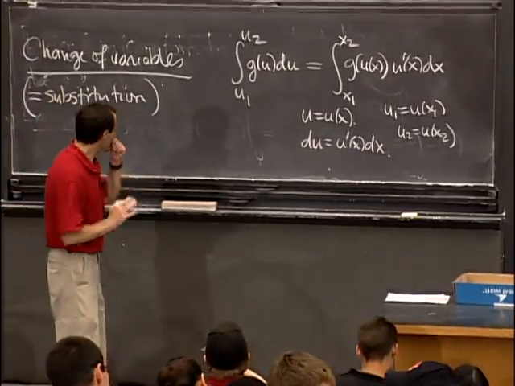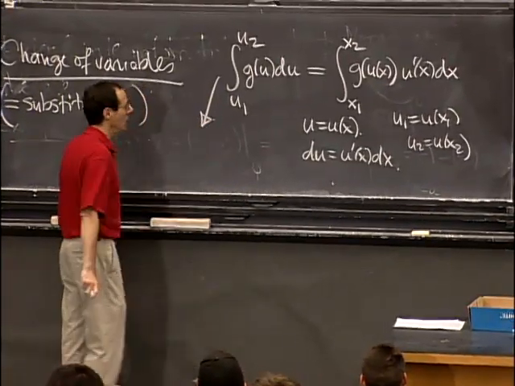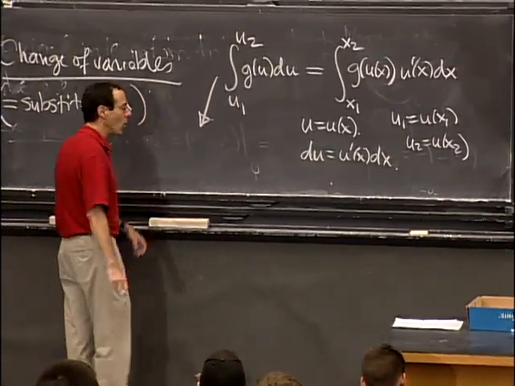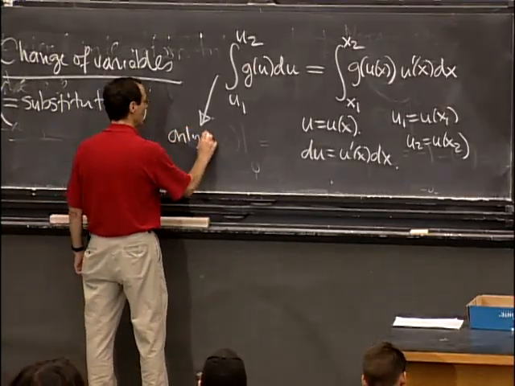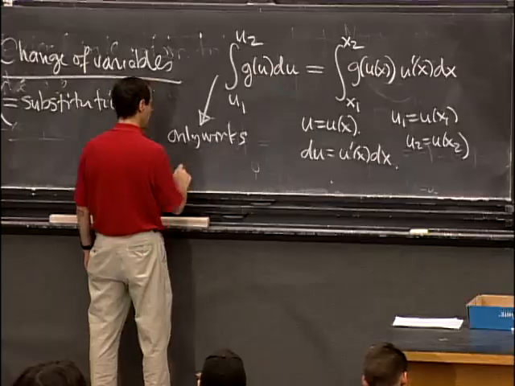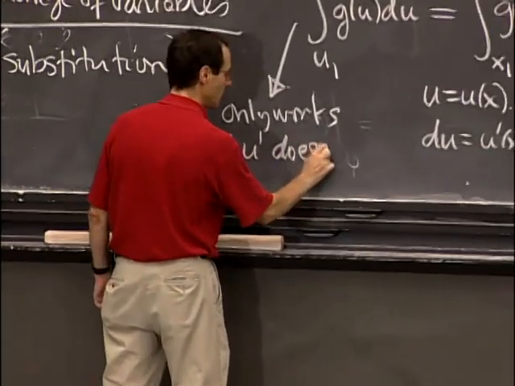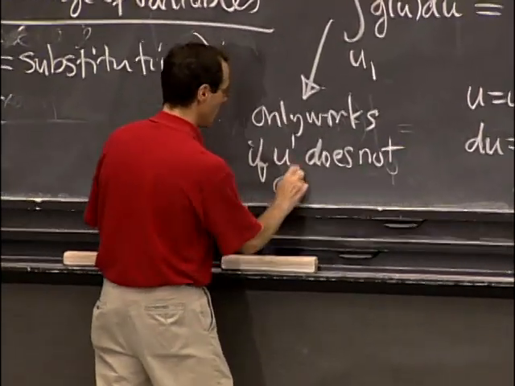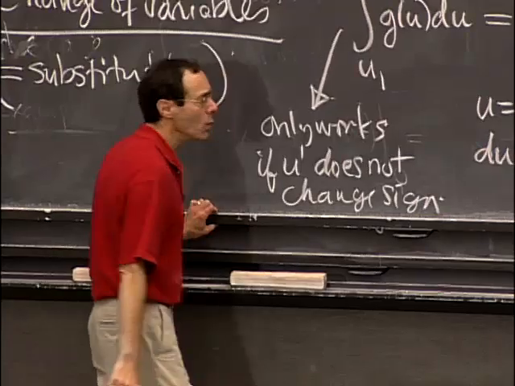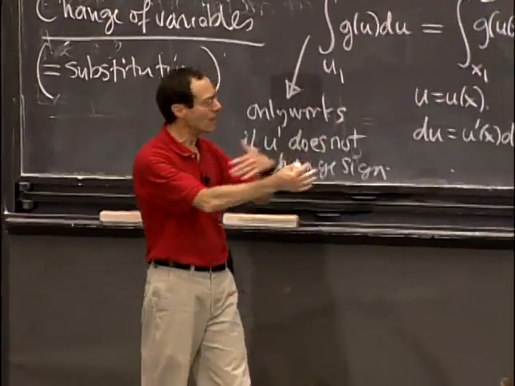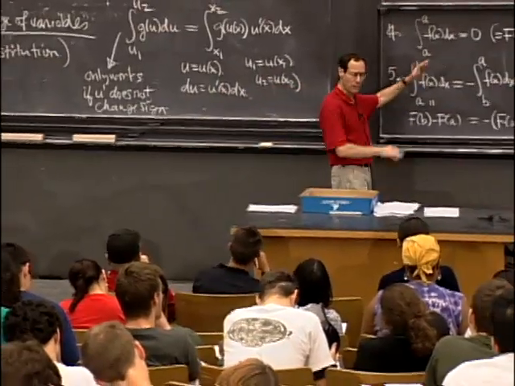Now, there's only one danger here, and there's one subtlety, which is that this only works if u prime does not change sign. I've been worrying a little bit about going backwards and forwards, and I allowed myself to reverse and do all kinds of stuff with these integrals.